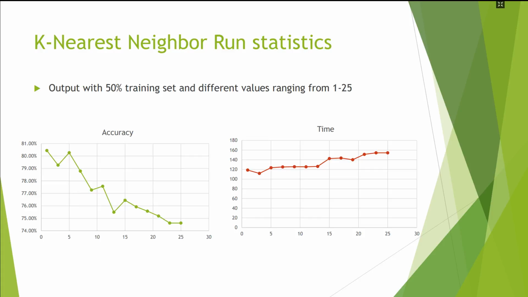From 1 to 25 there was a drop, but at 5 we got a good peak. Then there was a heavy drop, and the execution times kept increasing. So we could find that k nearest neighbor runs best at k equal to 5, and it has quite an effective runtime.